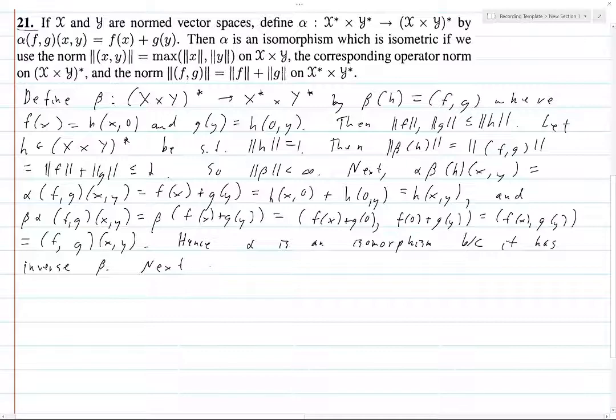So now we want isometricness. Next, f plus g are zeros.